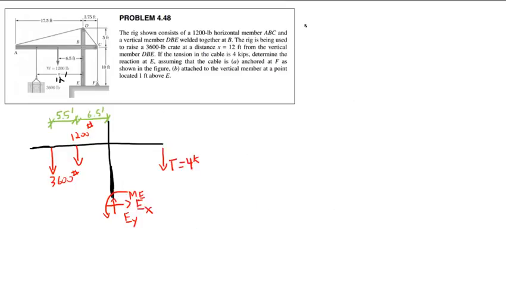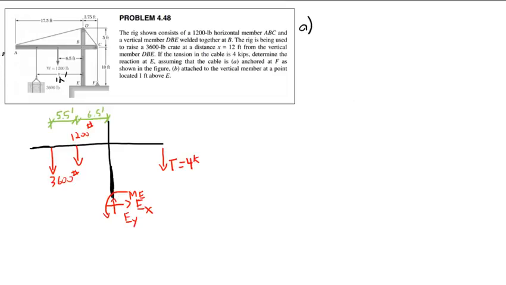So first I'm going to do part A. X is 12 feet, right? 17.5 minus 12. No, see, look. 17.5 is the entire distance going all the way out to the boom.